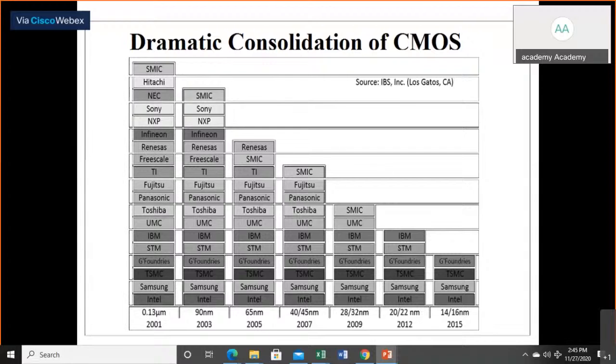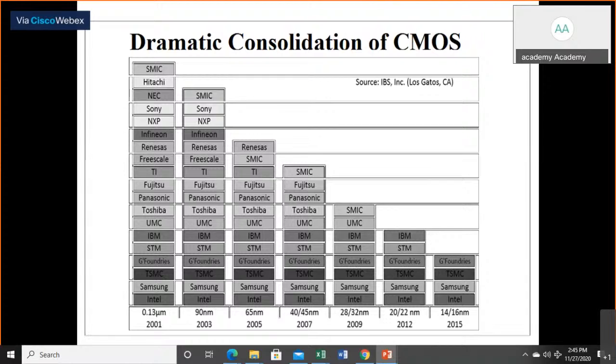I'll give an example. IBM merged their business with GlobalFoundries. You can see this GlobalFoundries chart in 2005, but there is no IBM in the list in 2015. In 2015, there are only four major key players: Intel, Samsung, TSMC, and GlobalFoundries.